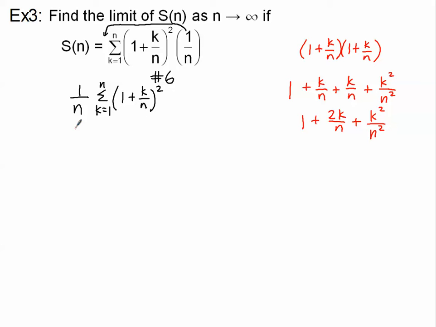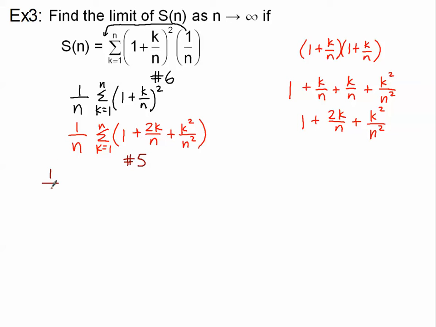So now I've got 1 over n and my sigma, and I've got my 1, my 2k over n, and my k squared over n squared. It was important for me to have these as individual pieces so that I can use my formula number 5 and separate my sigmas.